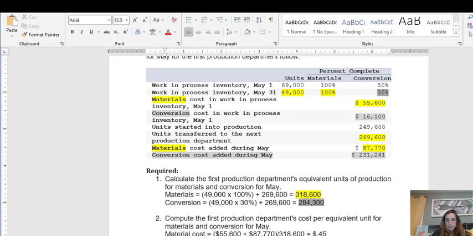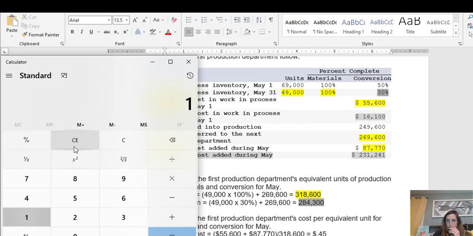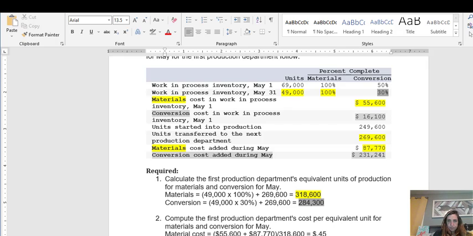So we're going to take our 16,100, add it with $231,241, and divide all of that by 284,300 equivalent units. That gives $0.87 per unit. I'm going to write that per equivalent unit.